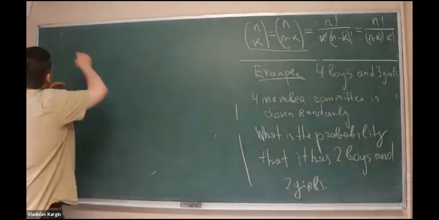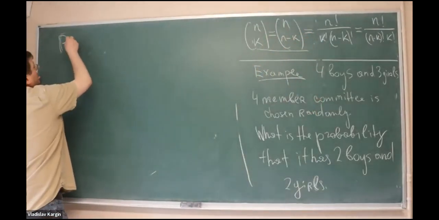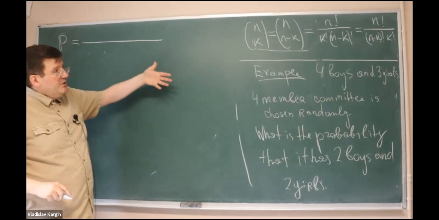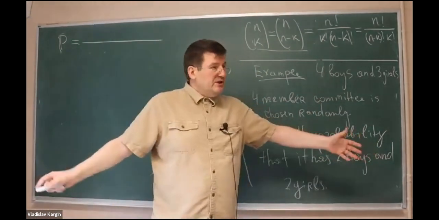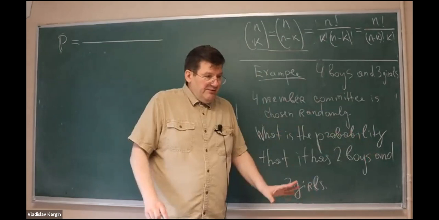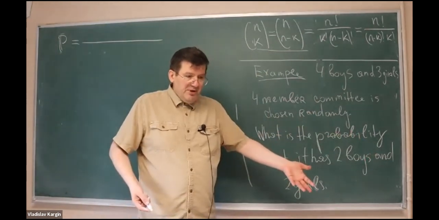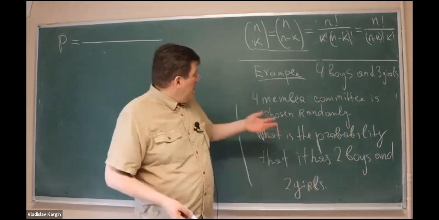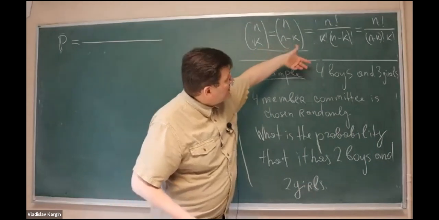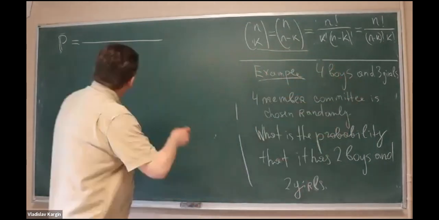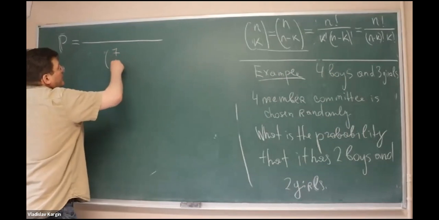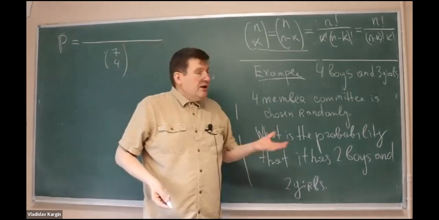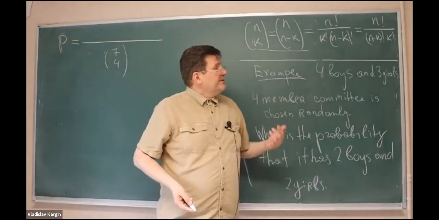So first, how many committees can we choose? The committee is just a committee of 4 people. There is no reason to believe that one of them is more important than another. So 4 members, 7 people, so here we'll have 7 and 4. This is the number of ways to choose any committee of 4 people out of 7 people.